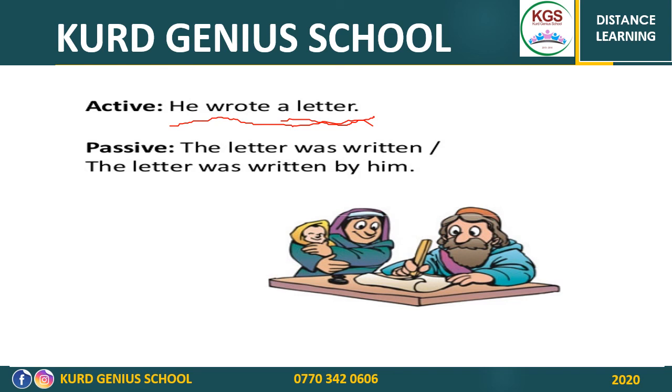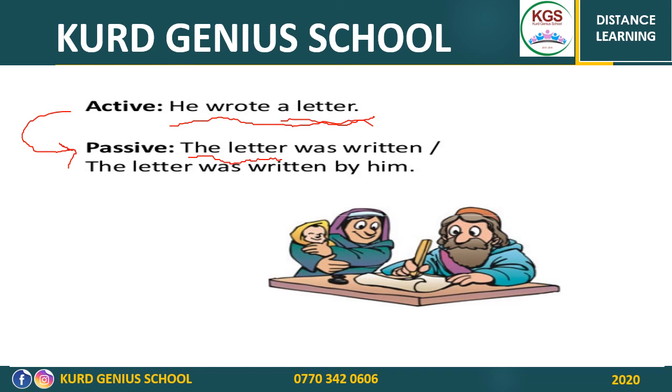As I said before, the first thing you have to do is identify the object, then identify the tense of the sentence. But the most important thing is to find the object in the active sentence. Then we can make the passive sentence. Now we know it's a letter. When we make the sentence passive, we put the object at the beginning: the letter. Is it singular or plural? Singular. And the tense of the verb is past, we know it because of wrote, the past form of write.